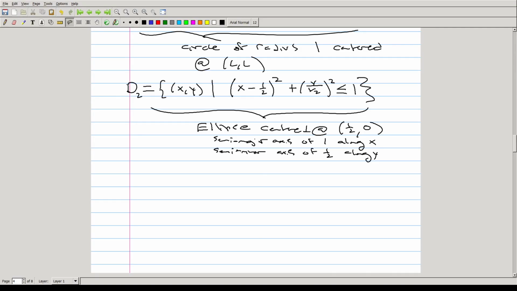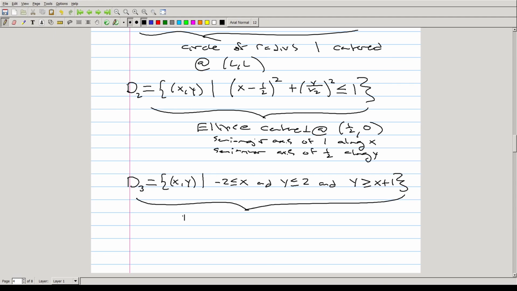To illustrate this, we'll look at this function on one last domain, say D3, which is the set of all points x and y such that x is greater than or equal to -2, y is less than or equal to 2, and y is greater than or equal to x plus 1. This is a triangle in the xy plane.